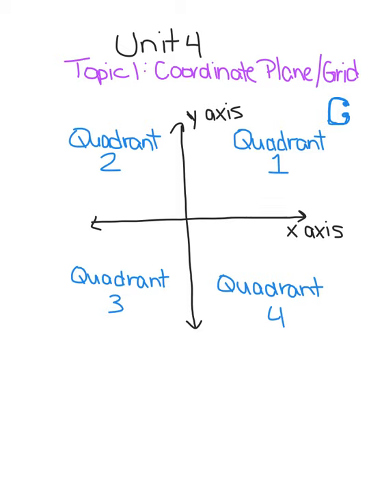Another thing that we need to be able to label here is that there's a point right here in the middle where these two axes intersect. And we call this point the origin. All right, so the point in the middle where the axes intersect is called the origin. And let's go down here below and let's define what origin stands for.